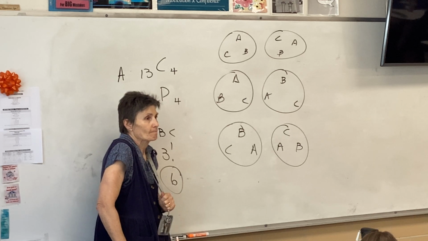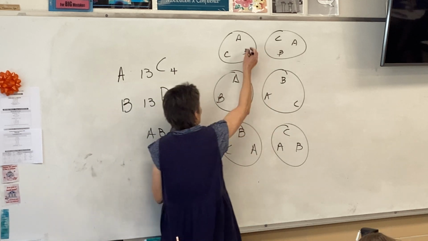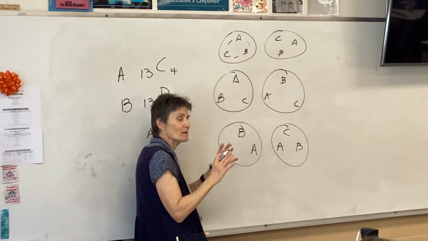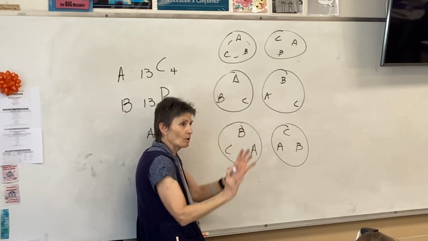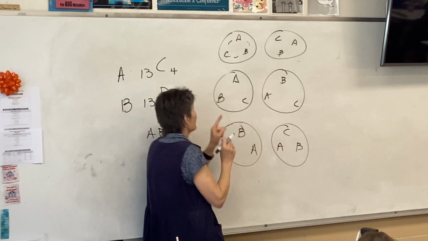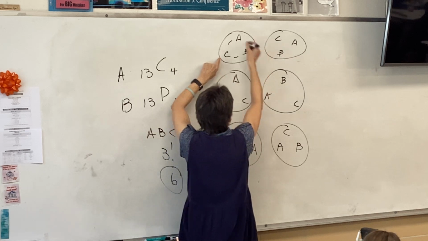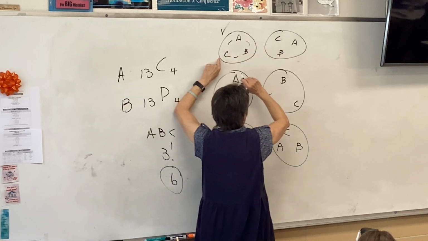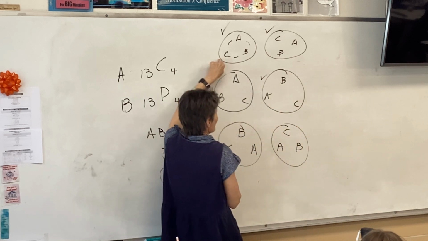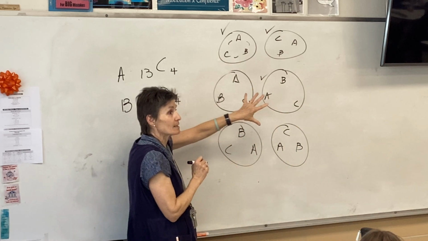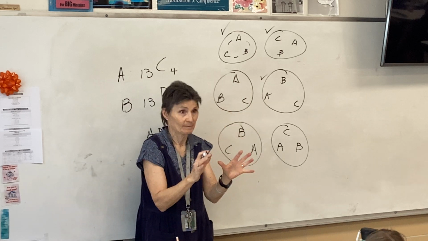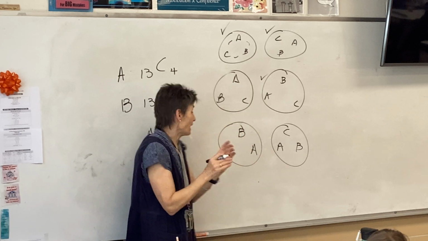Think of it as a circle. There are only 3 of them, so it looks like a triangle, but they're on a circular plate. They're rotating. If you look at this plate, and this plate, and this plate, they look different, but they are all exactly the same, rotated clockwise.